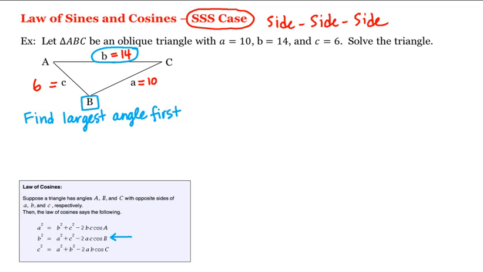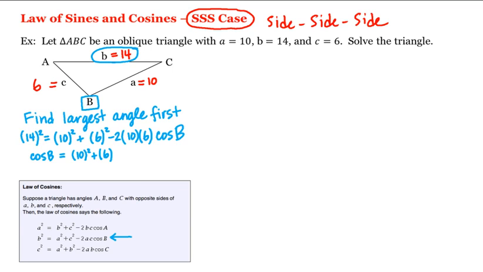That is, we have b squared, which is 14 squared, is equal to a squared, which is 10 squared, plus c squared, which is 6 squared, minus 2 times a times c times the cosine of capital B. Now, solving this equation for cosine of B gives us that cosine of B is equal to 10 squared plus 6 squared minus 14 squared, all divided by 2 times 10 times 6.